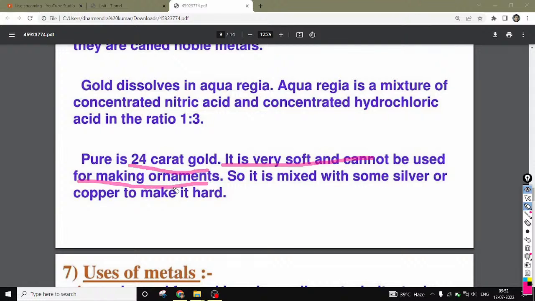That is why jewelers mix pure gold with silver or sometimes copper to make it hard, right? So the ornaments which you are wearing look hard. Why? Because that ornament is a mixture of either silver or copper, right? And you are not wearing pure gold. Why? Because pure gold is very soft, right? It can be easily broken.